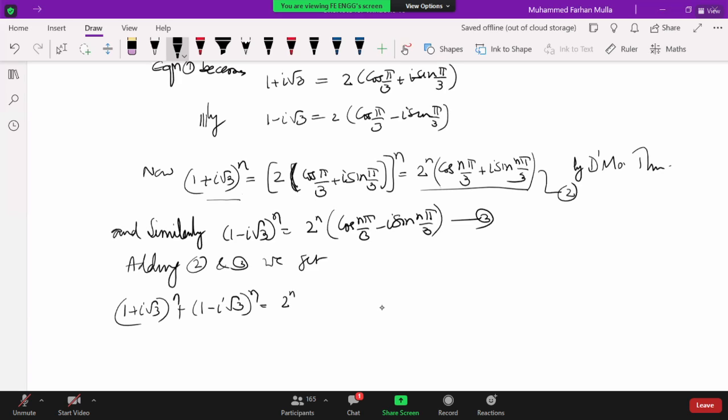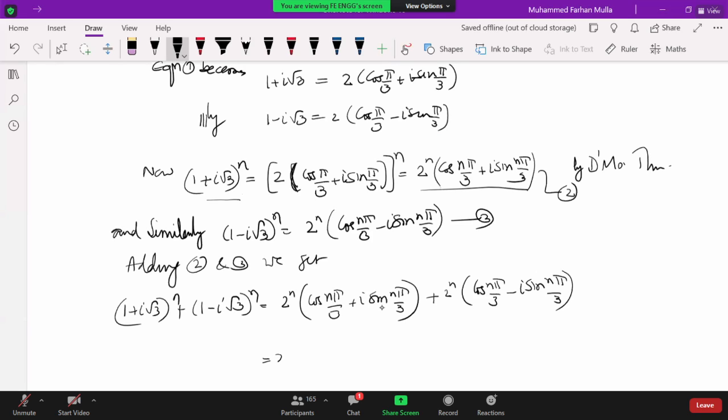So 2 raised to n (cos nπ/3 + i sin nπ/3) plus 2 raised to n (cos nπ/3 − i sin nπ/3).